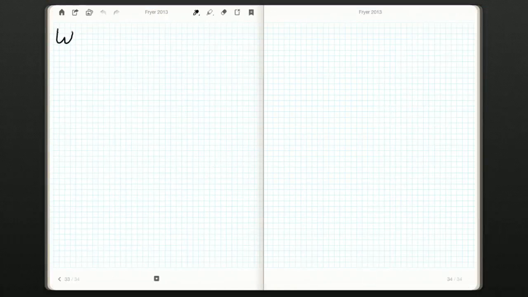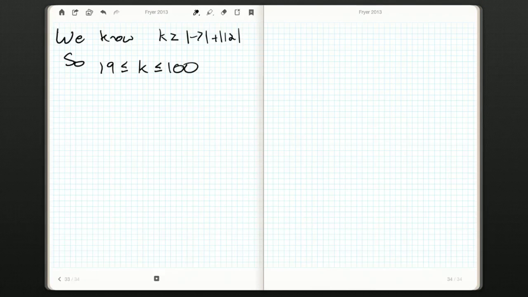We also know that k is at least as big as the absolute value of the coordinates. And that's 19. So 19 less than or equal to k less than or equal to 100.